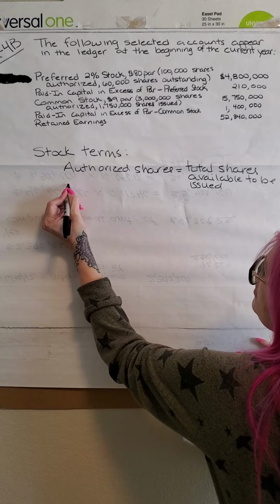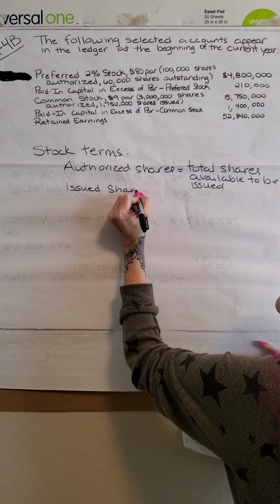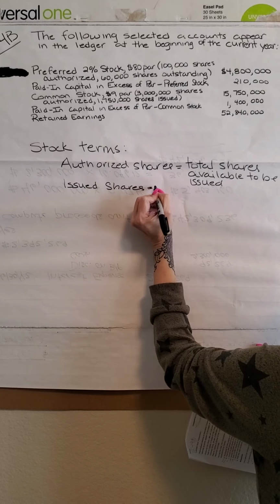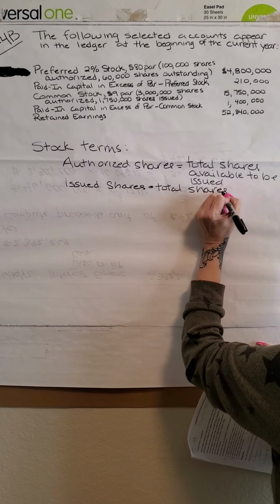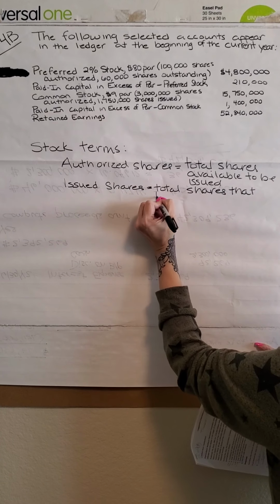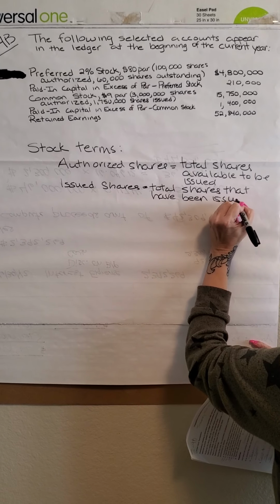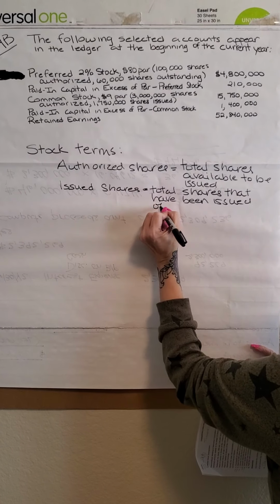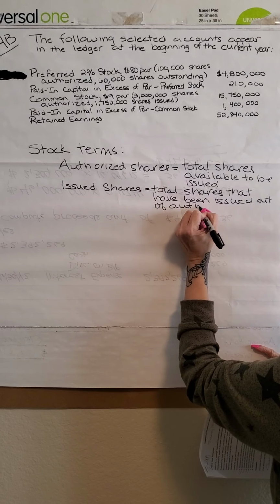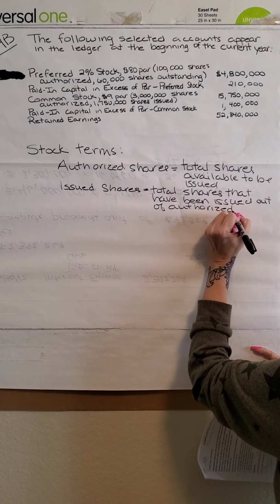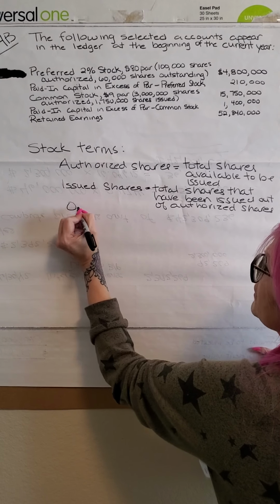So that's authorized shares. Issued shares are total shares that have been issued out of authorized shares. And then finally, we have outstanding shares.